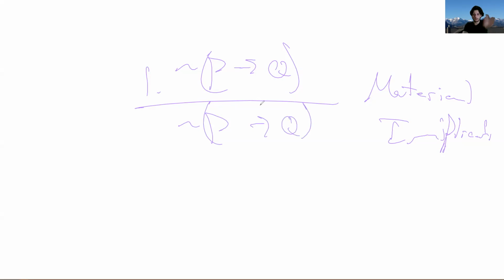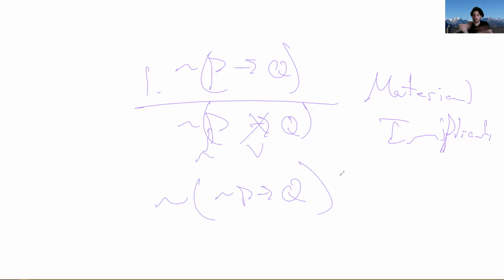So for an equivalence rule, you just take the entire line and put it down, and you just change exactly what you're allowed to change. For material implication, we're allowed to change this conditional to an or and throw a tilde on the P. So we're just changing the conditional inside the parentheses, and outside the parentheses, everything stays the same.